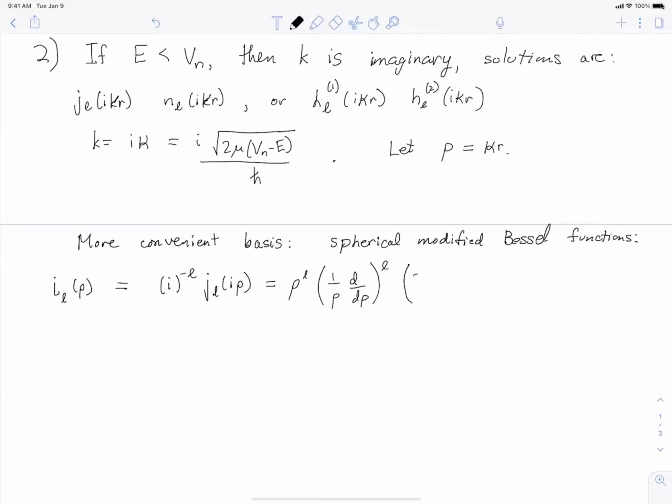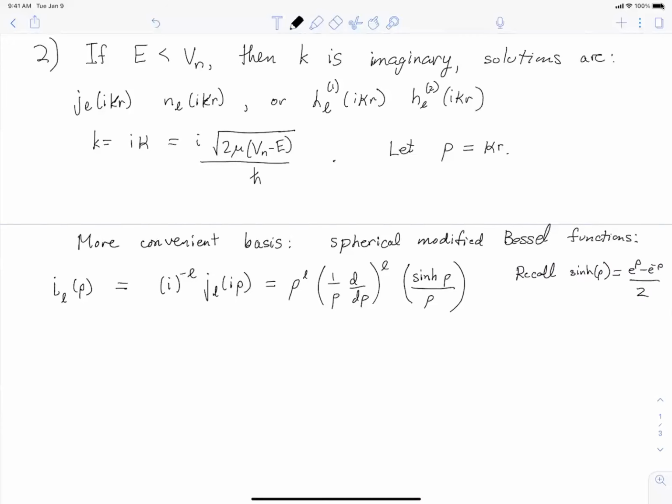So this becomes hyperbolic sine of rho divided by rho. Okay, and recall the hyperbolic sine function is equal to e to the rho minus e to the minus rho over 2.